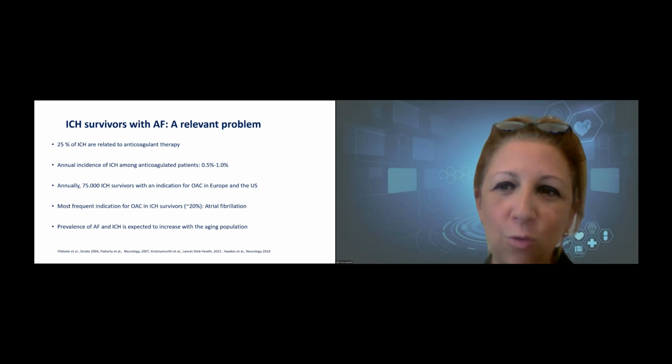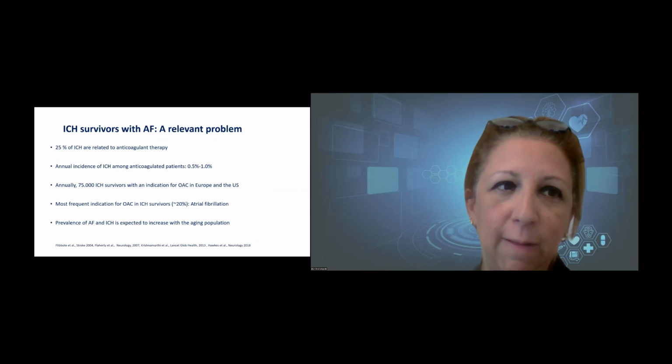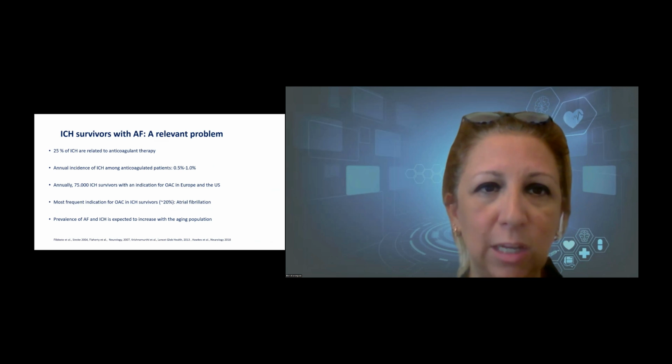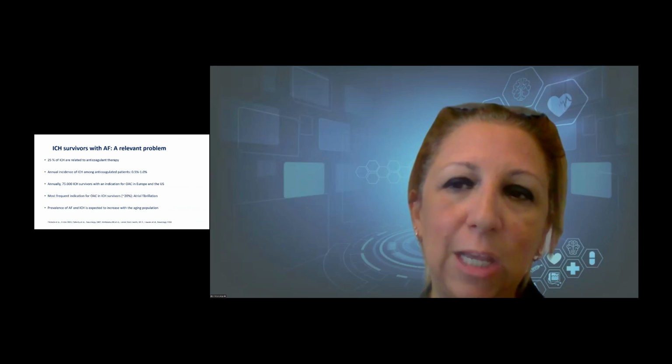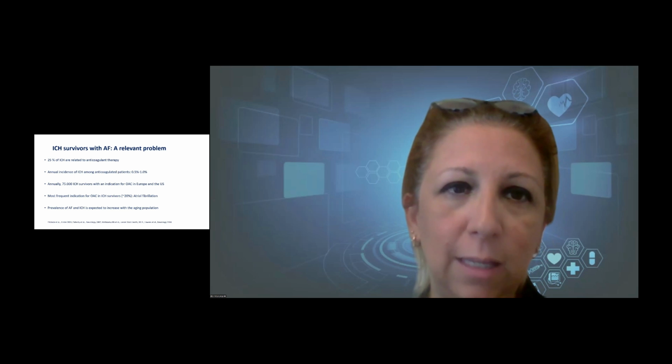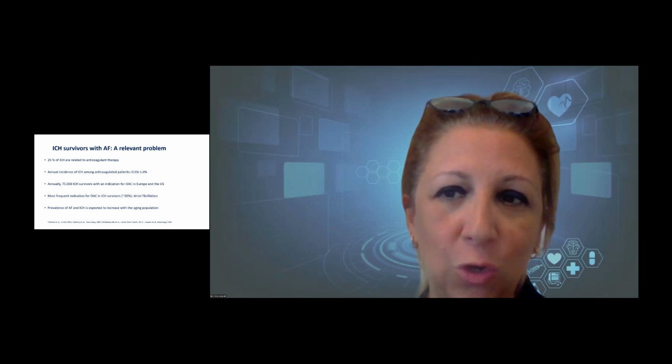It means that annually 75,000 ICH survivors have an indication of oral anticoagulation in Europe and in the US. The most frequent indication is atrial fibrillation in almost 20% of intracerebral hemorrhage survivors, and importantly, the prevalence of atrial fibrillation and ICH and their comorbidity is expected to increase with the aging population over the next decades.